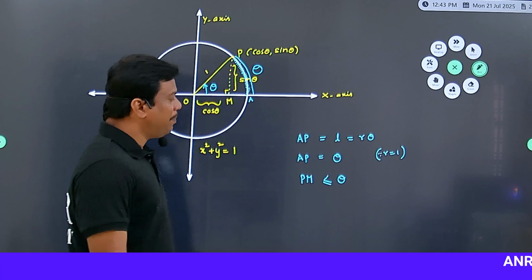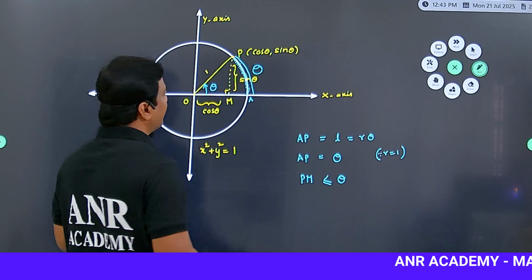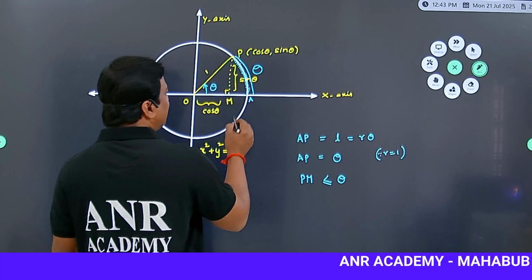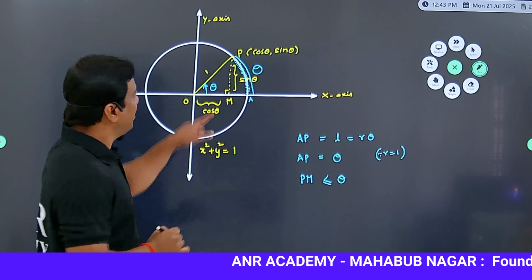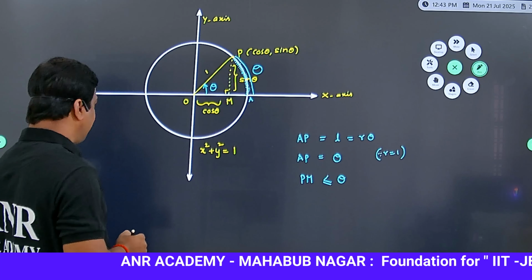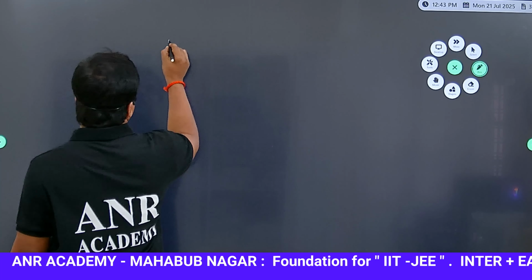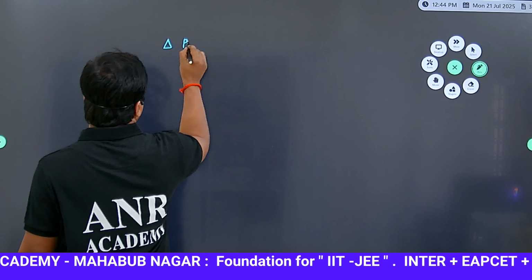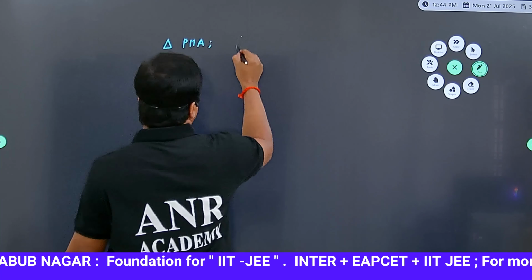So I can write PM is less than or equal to theta. And now from the triangle PMA, see, from the triangle PMA, it is a right angle.